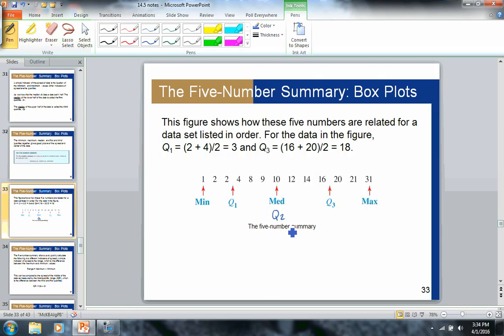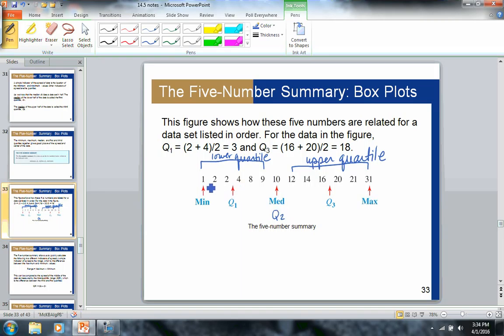Okay? And then this lower half, this is your lower quartile, because it's everything below the median. And these numbers here, this is going to be your upper quartile, because it's everything above the median of the whole set.